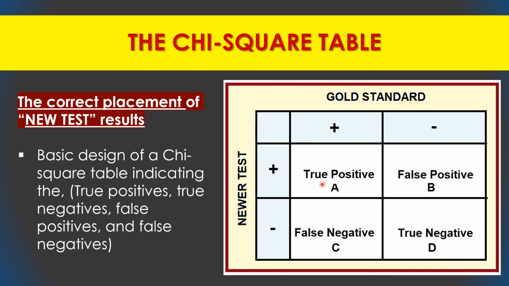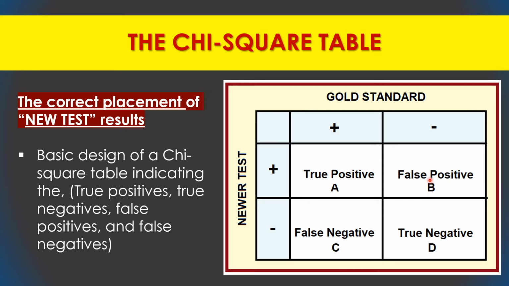I put the number here. How many cases are false positive? I put the number here. How many cases are false negative? I put the number here. How many cases are true negative? I put the number here. So the full 5,000 cases will be distributed along these four squares.